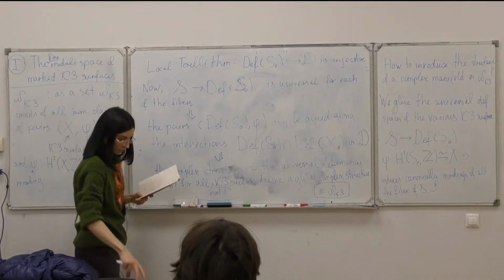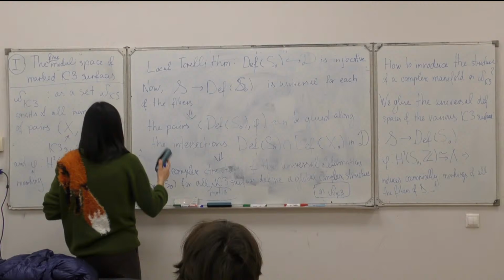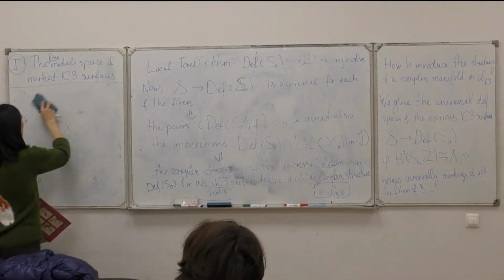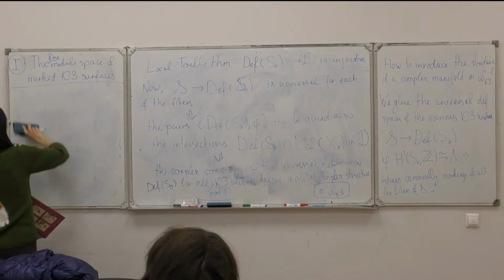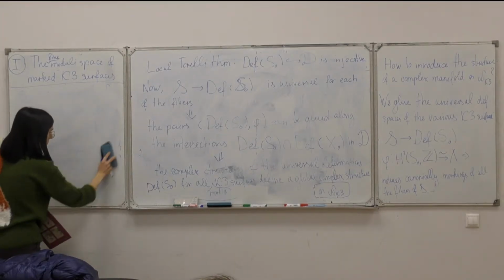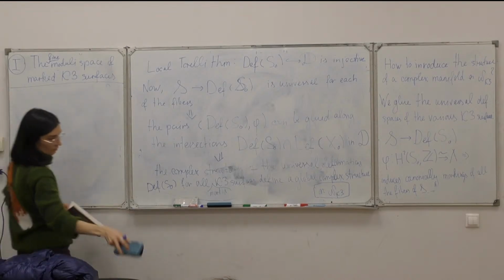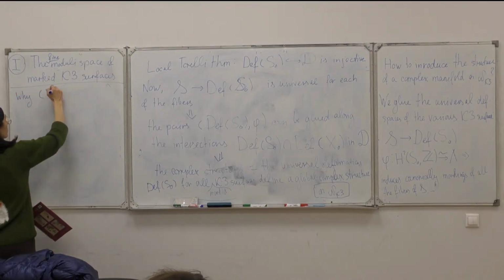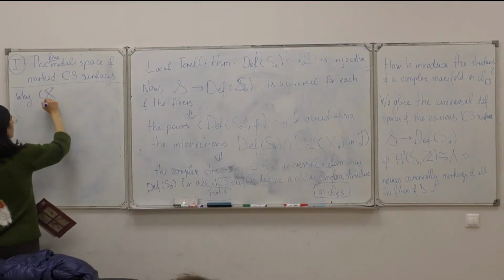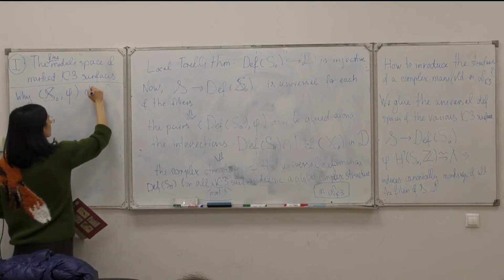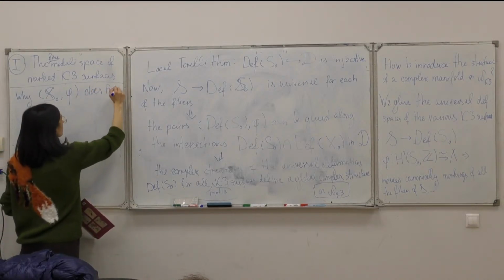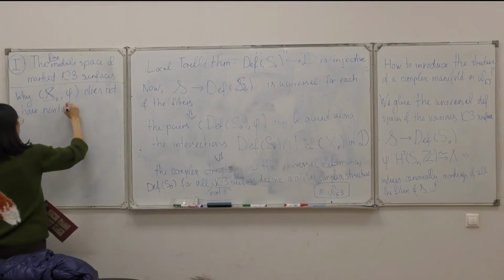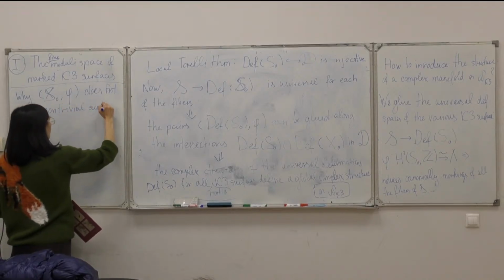So first of all, let me explain why a marked K3 surface (S0, phi) doesn't have non-trivial automorphisms.